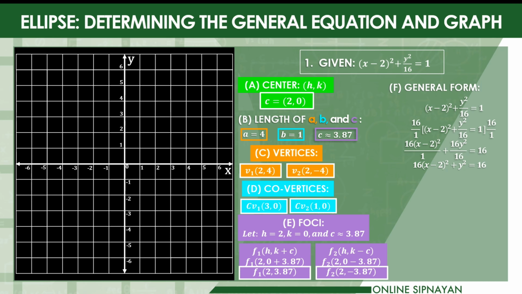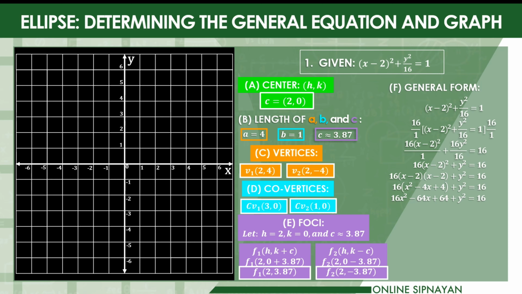And then we're going to expand the quantity x minus 2 squared and have 16 times x minus 2 times x minus 2 plus y squared is equal to 16. Then use the FOIL method on it. We'll have 16 times x squared minus 4x plus 4 plus y squared is equal to 16. And then distribute 16 to x squared minus 4x plus 4. We'll have 16x squared minus 64x plus 64 plus y squared is equal to 16.